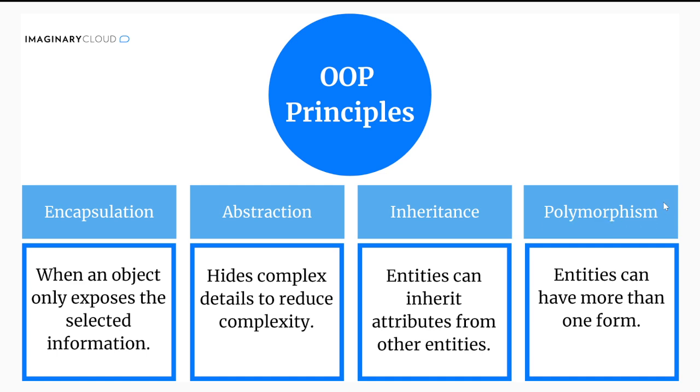It's basically a combination of two words: one is poly, the other is morphism. Entities can have more than one form. Morphism means multiple forms, and poly means more than one. That's what I think. But anyway, let's get corrected in the next slide.